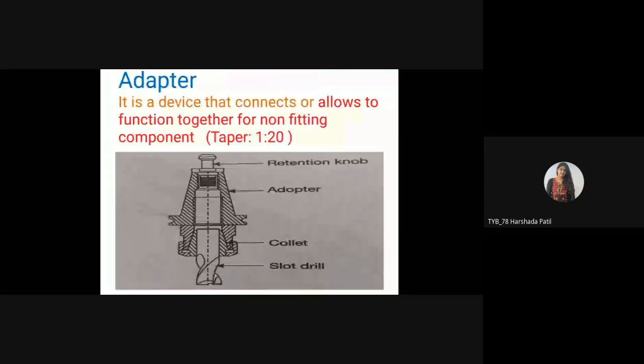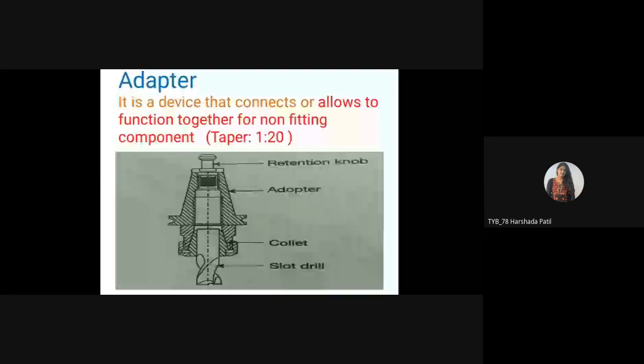Then we have seen some type of device which is going to allow two different parts, which are non-fitting components, to work together. For that purpose we introduce one of the best devices to allow non-fitting components and transfer the power, as a support part for the further manufacturing process.